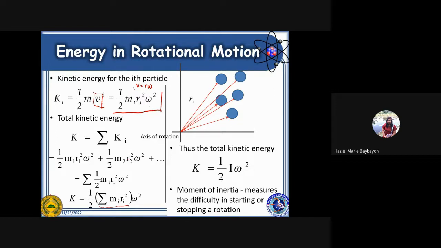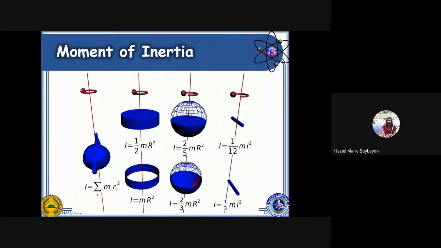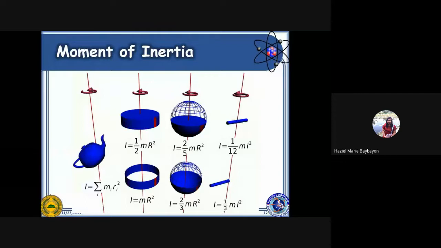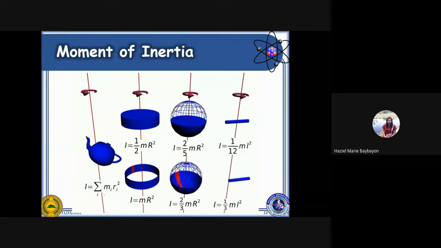Okay, so for example, we have here a rotating kettle. So it is rotating about this axis. Its moment of inertia is equal to this one, summation of m sub i r sub i squared.